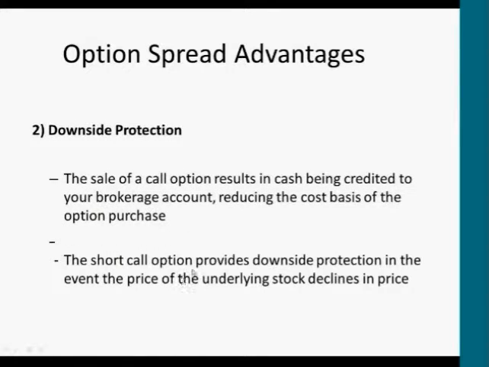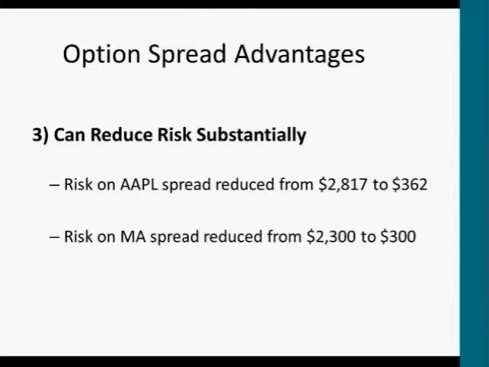These spreads offer downside protection and also reduce the overall risk of your trade. And again, just to summarize, the risk on the Apple spread trade that we just looked at went from $2,817 to $362, and the maximum risk on the MasterCard spread went from $2,300 to $300.